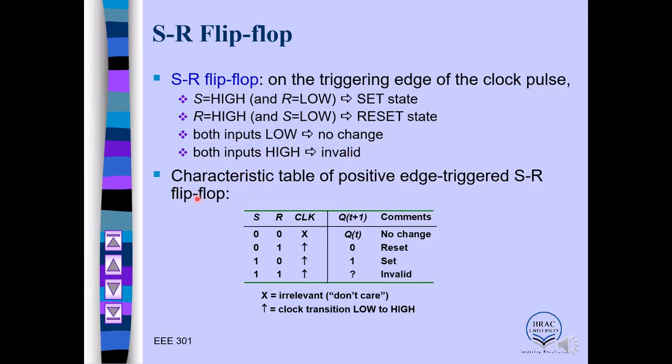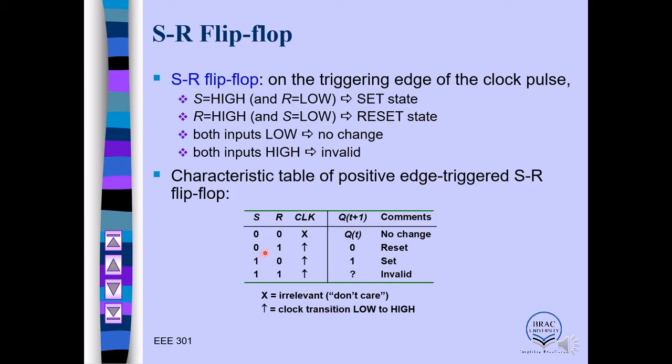So this is basically the characteristics table of the positive edge triggered SR flip-flop. If you look here, when there is no clock, there will be no change whatever the values of S and R. But when there is a clock, remember this is the positive edge clock. If negative edge, it will be a downward sign, and the upward sign is for the positive edge triggered clock.